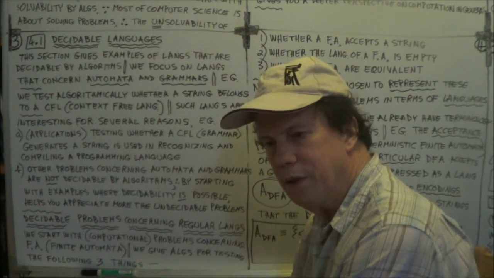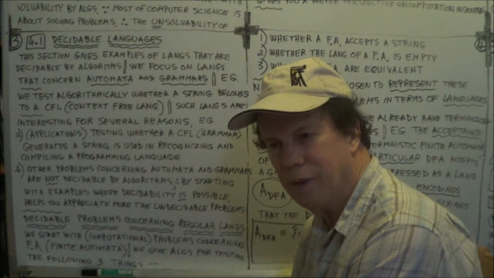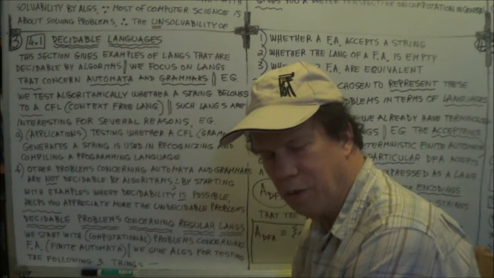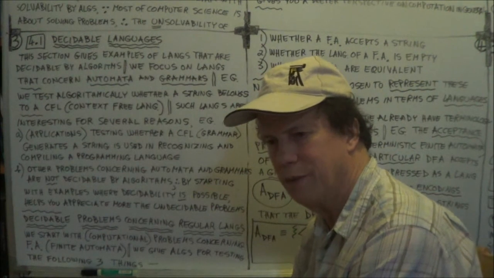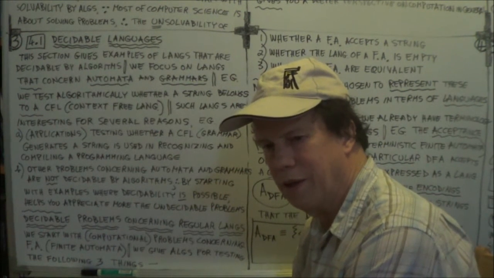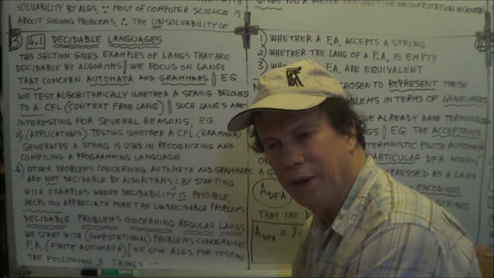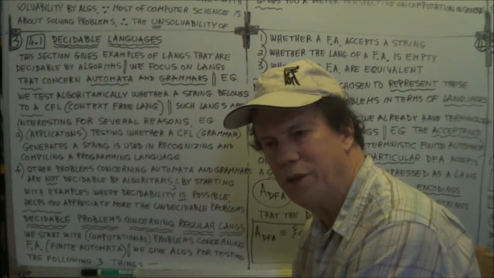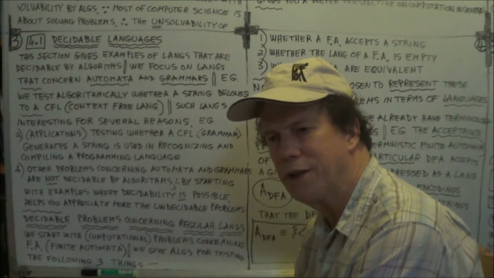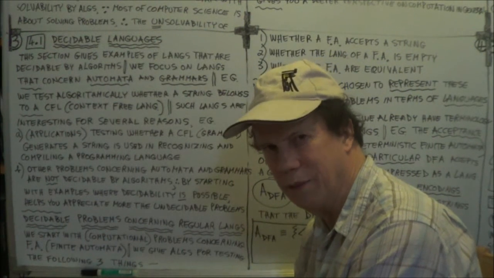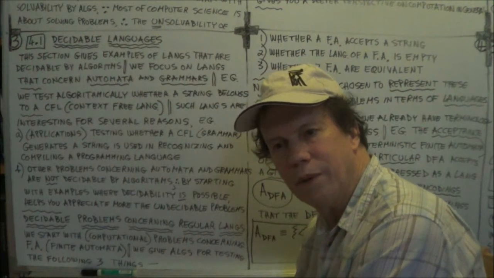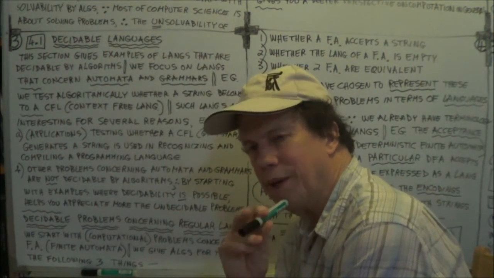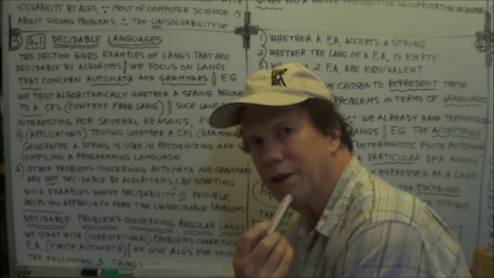So it's useful to start with examples of languages that are decidable, and we'll go through those example after example progressively until we come to examples that are undecidable. Okay? So having a knowledge of examples that are decidable will help us appreciate those examples that are not decidable, that are undecidable.